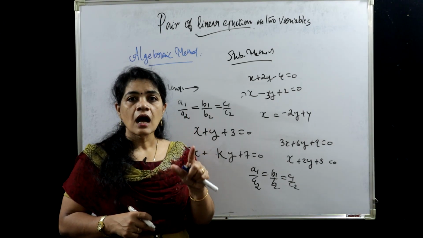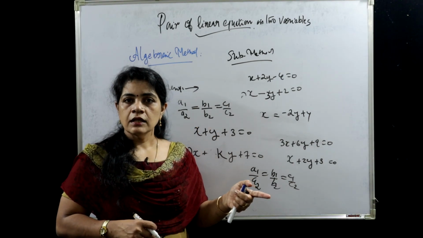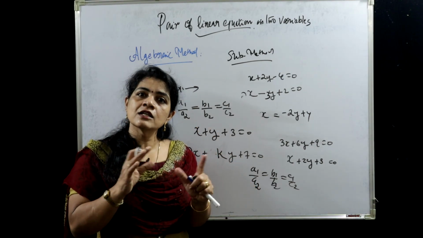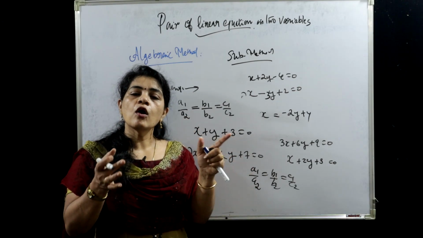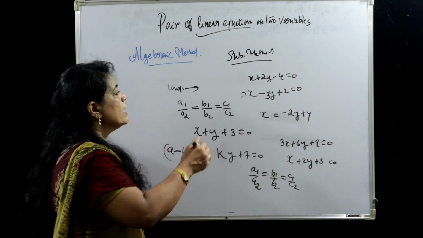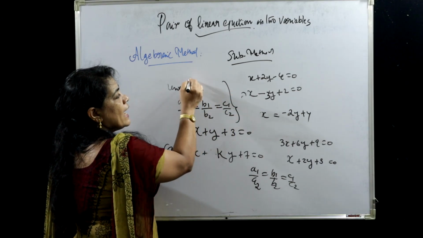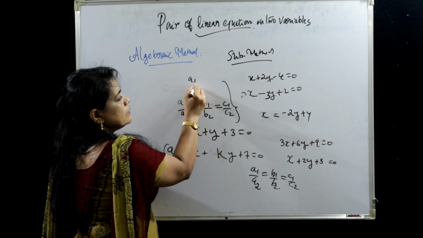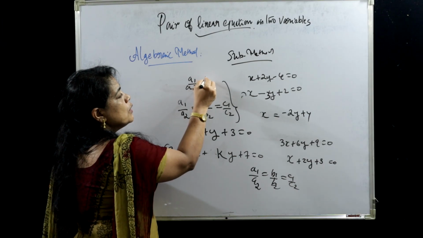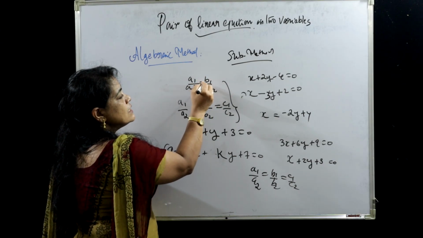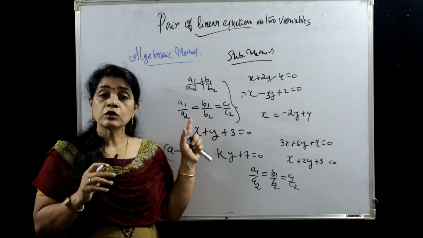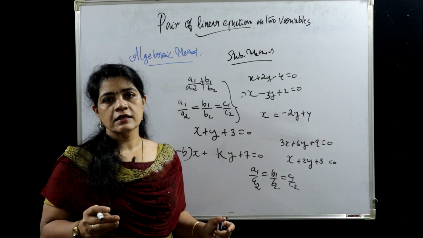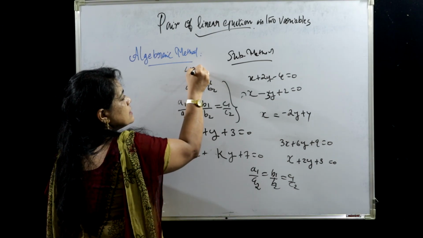If a pair has at least one solution, infinitely many solutions is also possible. In both these cases, that is a1 by a2 not equal to b1 by b2, as well as infinitely many solutions, the given pair is said to be consistent.